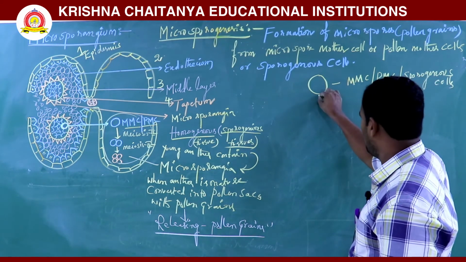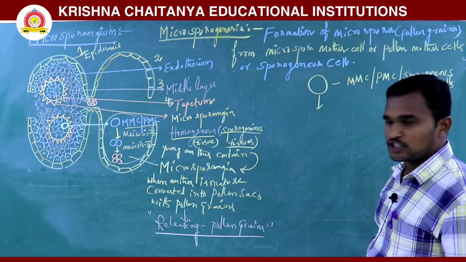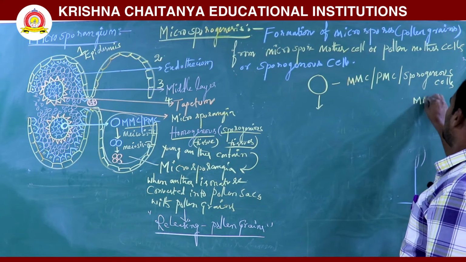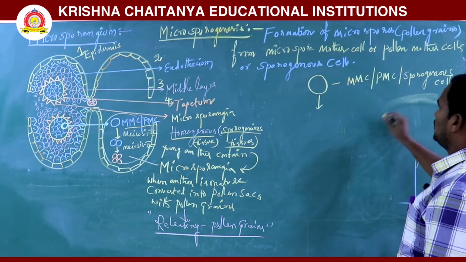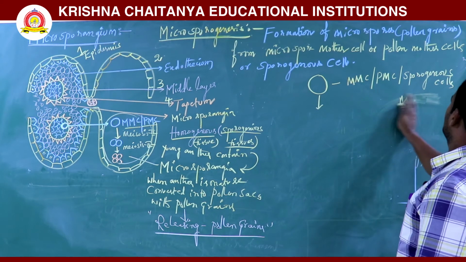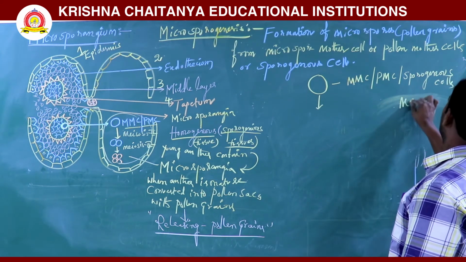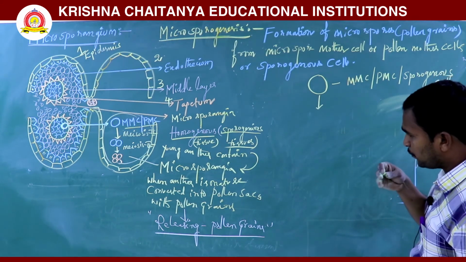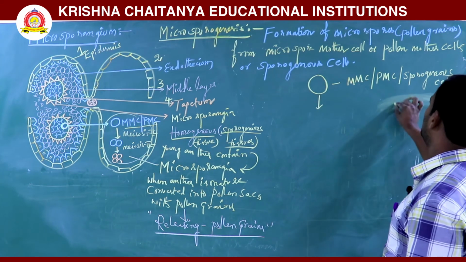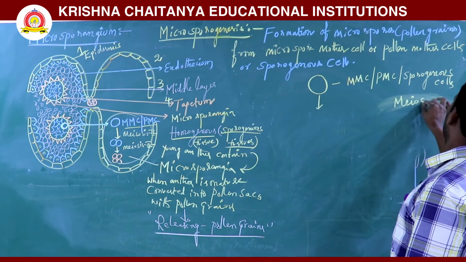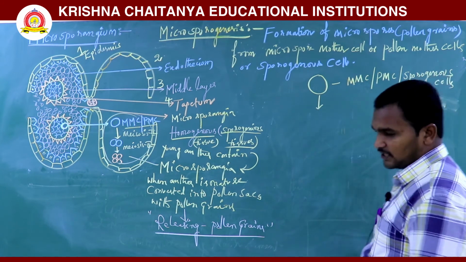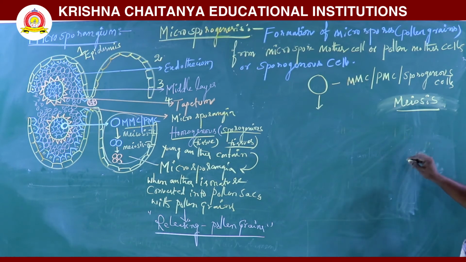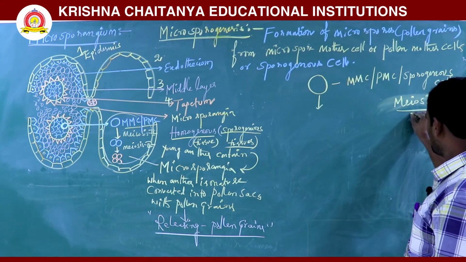So first, meiosis. I will write here, meiosis. In meiosis, what happened? This is the one cell.